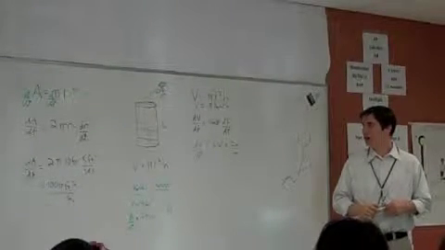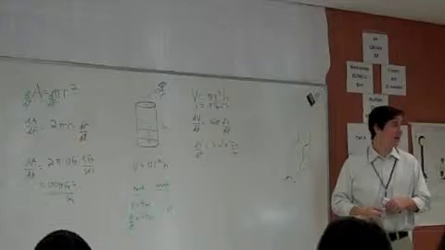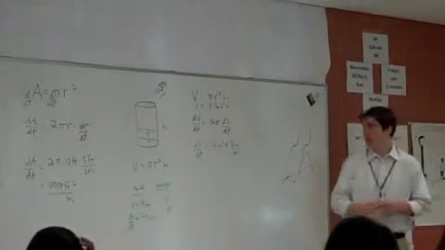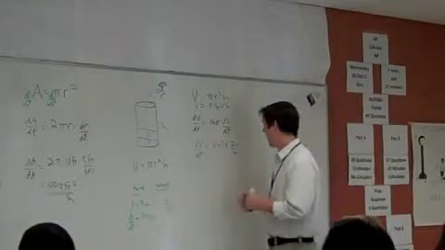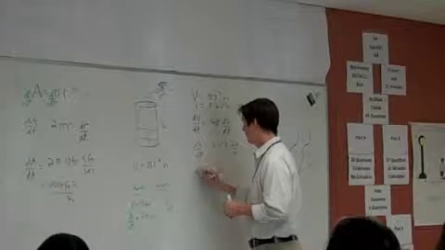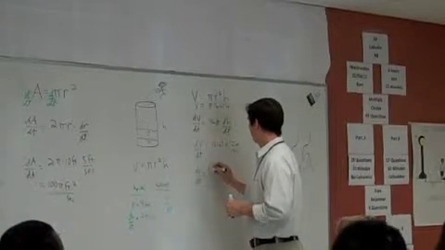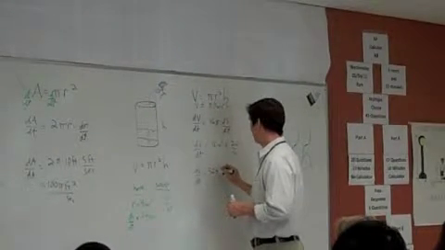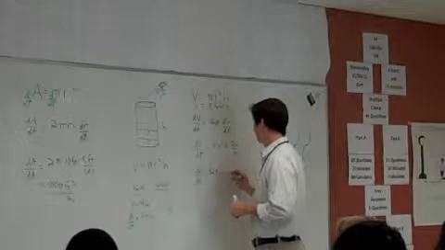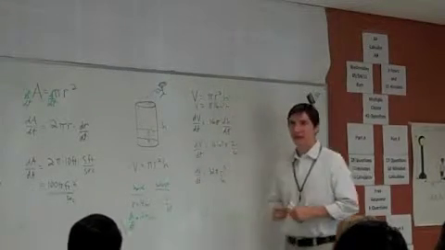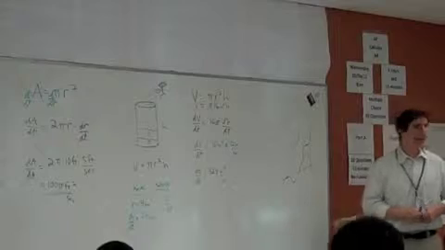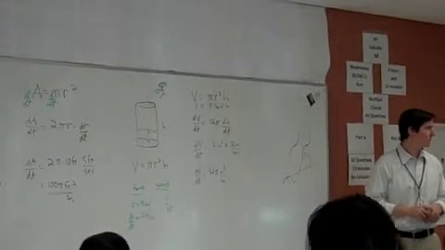You get cubic inches, volume, divided by seconds, which is the time. So the units match up. So this is what, 32 pi? Is that correct? 32 pi inches cubed per second. Any questions on that?